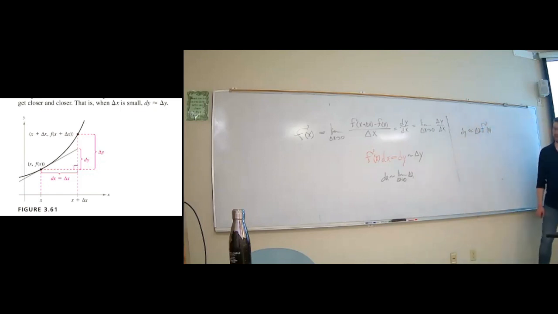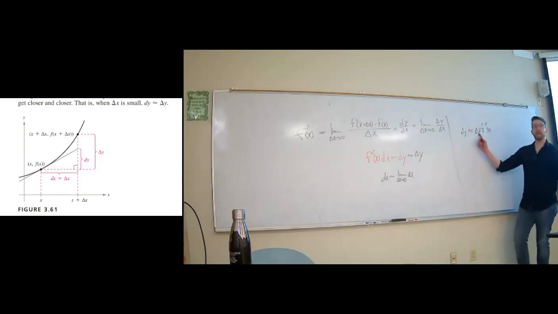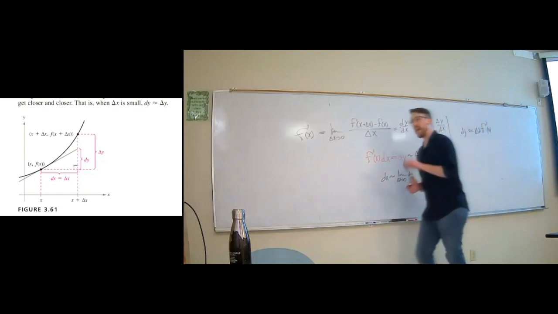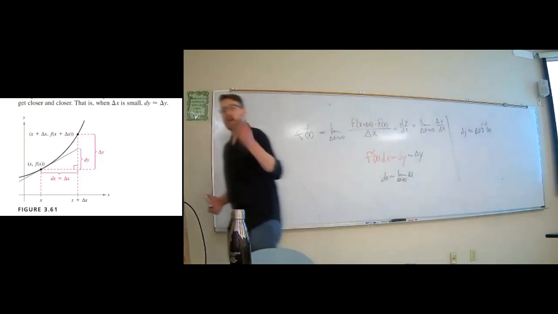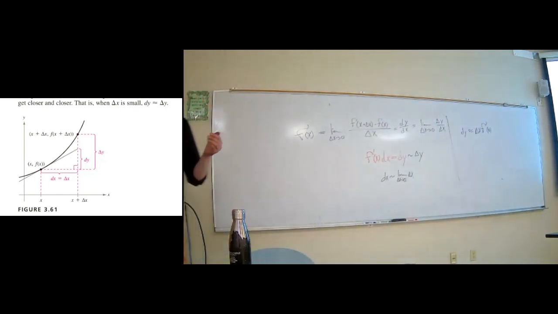It's close. It's not the same. It's close. They're approximately equivalent. And the smaller that delta x is, the more accurate this dy measurement is. What this dy measurement is telling you is exactly how high the slope of your tangent line goes with small changes in x.